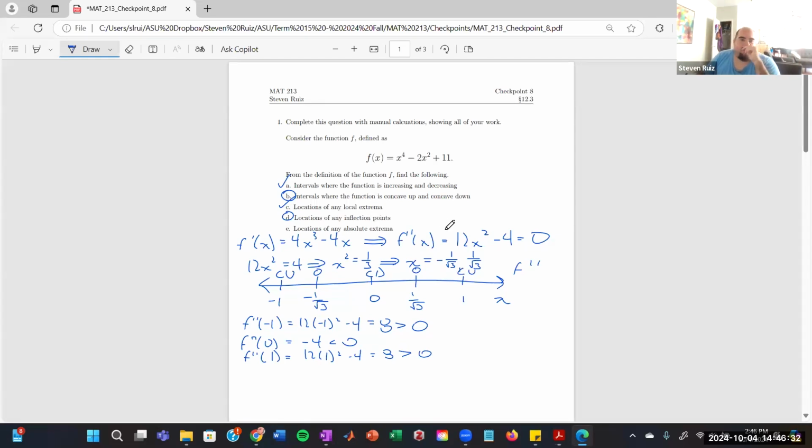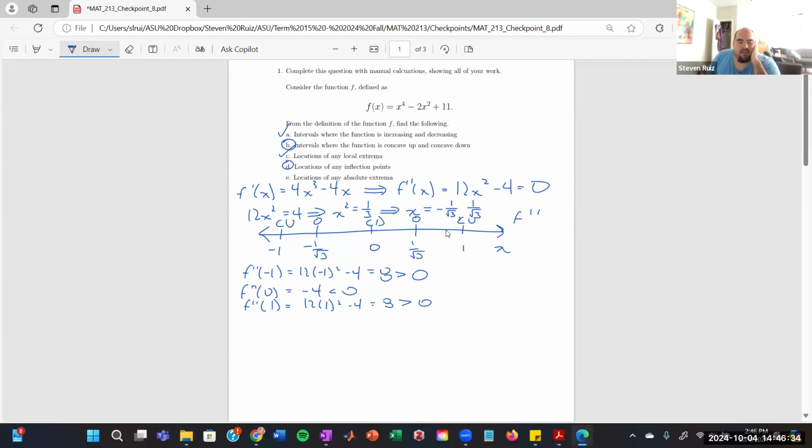So I know I have inflection points at -1 over radical 3, whatever the y value is, and 1 over radical 3, whatever that y value is. So let's go ahead and find those.